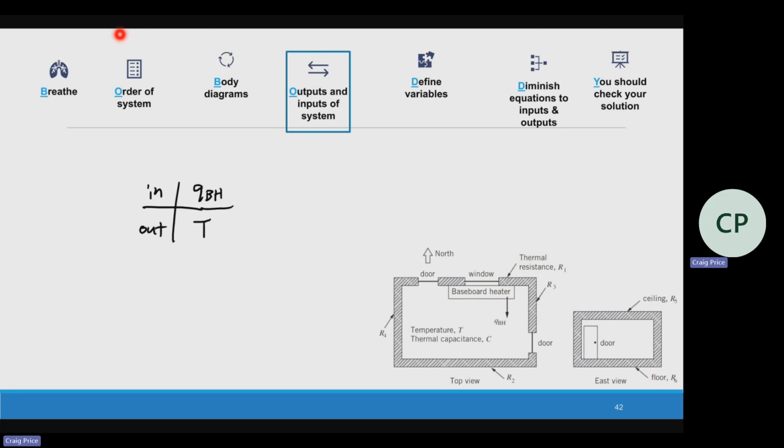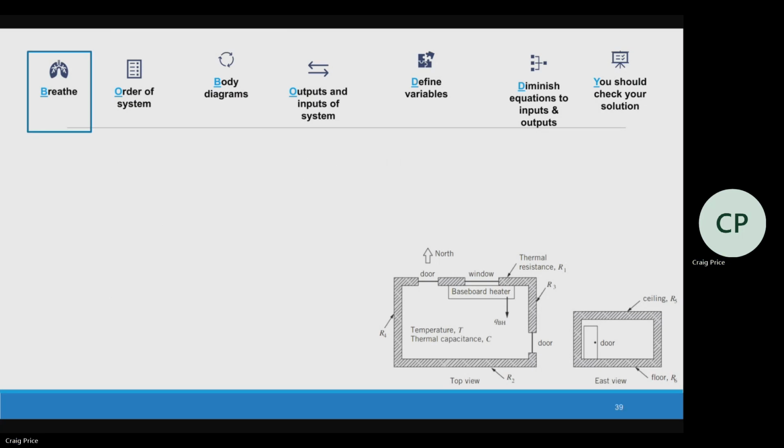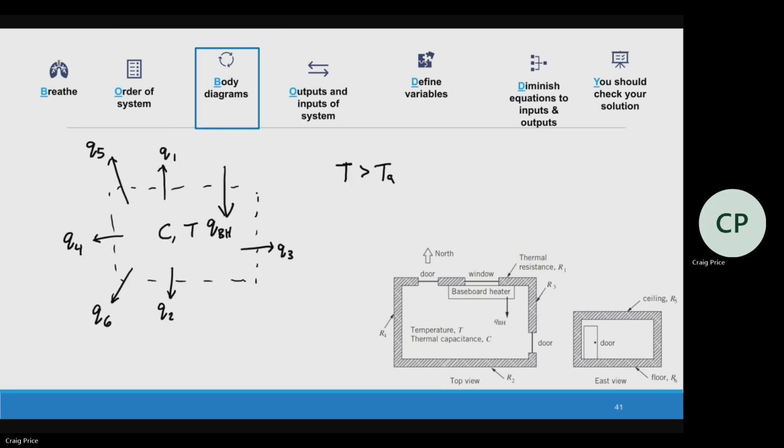We're going to say it's a well-sealed door, so we don't actually have to deal with enthalpy rate change in that case. There's no m dot in or out. It's all sealed.